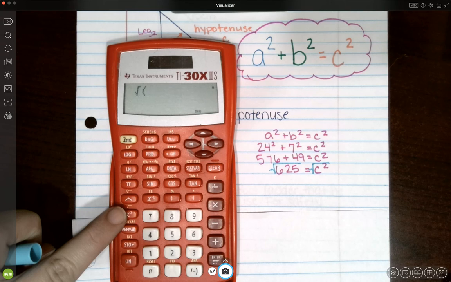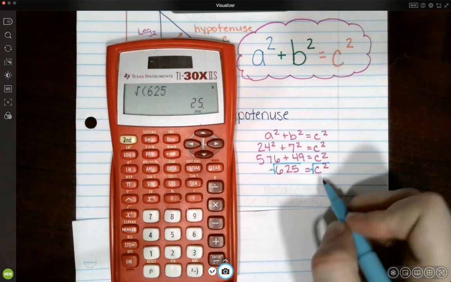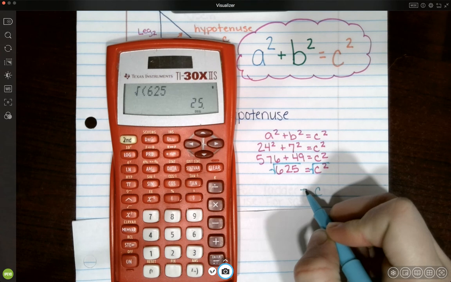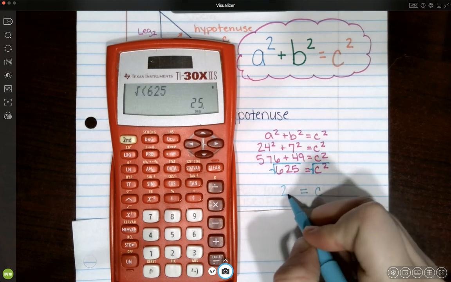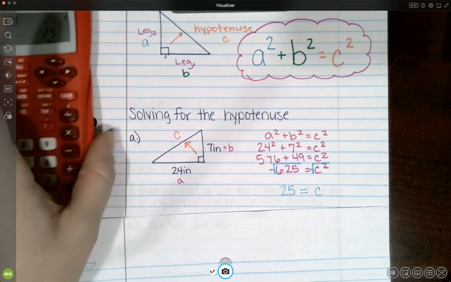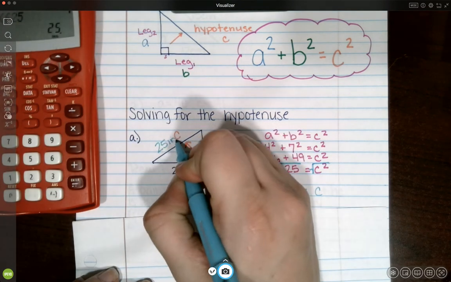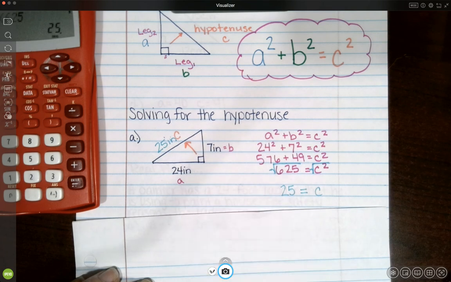And then I'm going to type in my 625 equals, so that says my hypotenuse is 25. So my hypotenuse is 25 inches if these are its other two lengths.